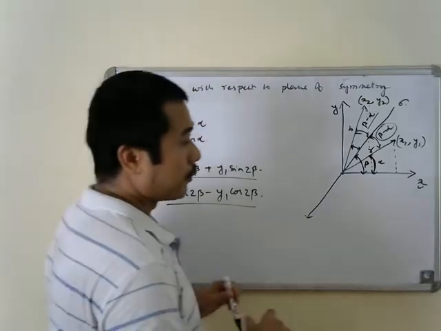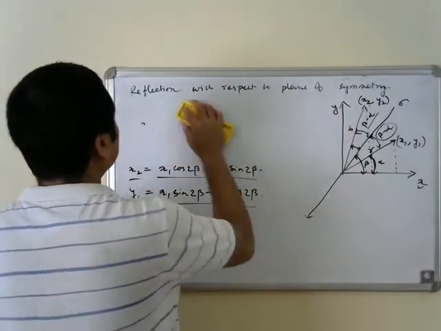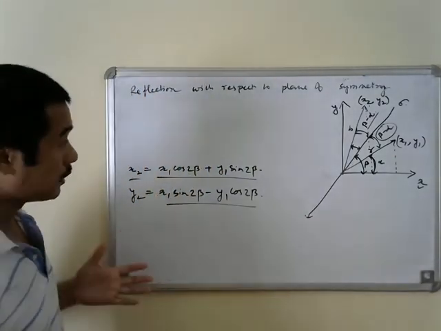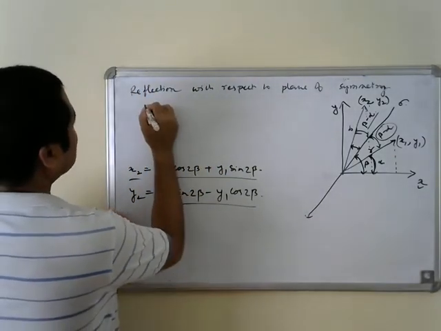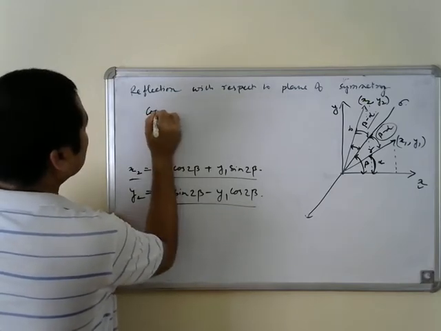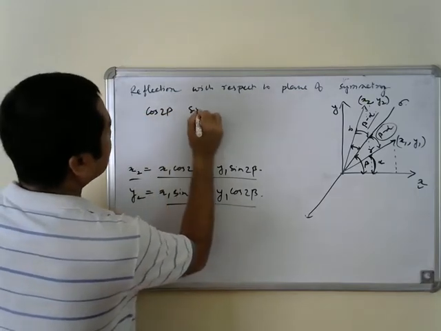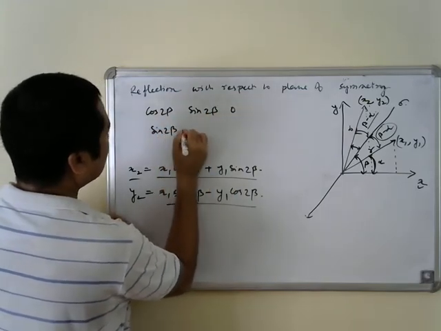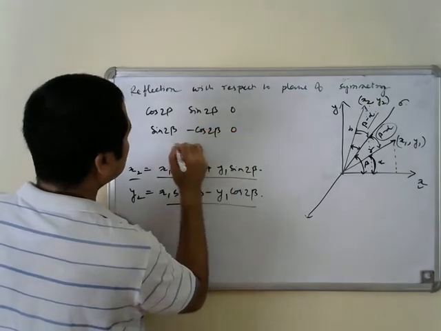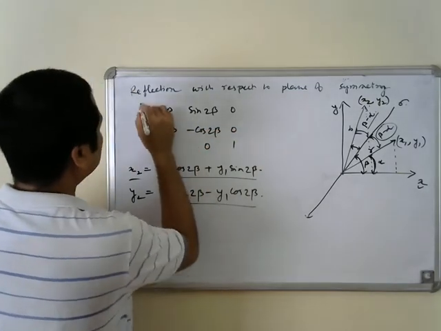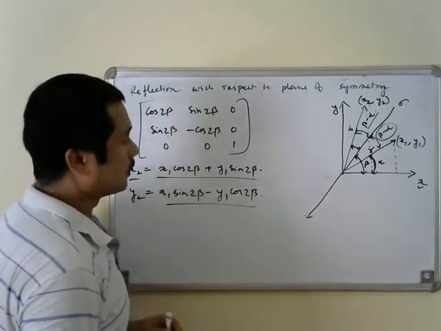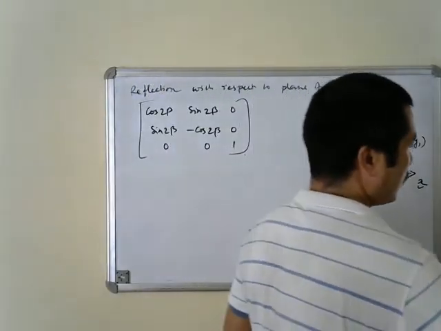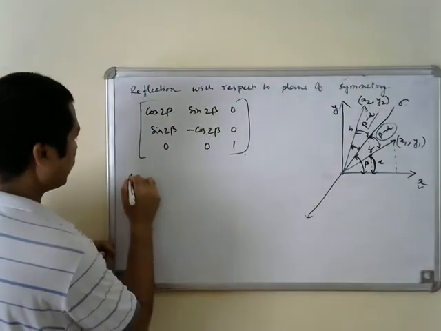So the final matrix for a reflection operation with respect to a plane of symmetry which makes an angle beta with the x-axis is: cos 2 beta, sin 2 beta, 0; sin 2 beta, minus cos 2 beta, 0; 0, 0, 1. So that is the reflection matrix representation.